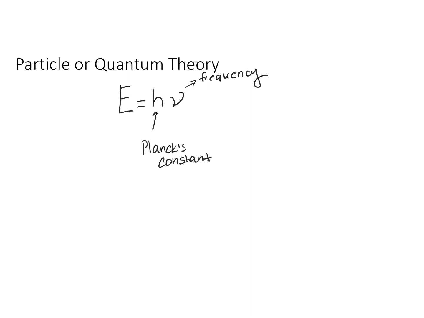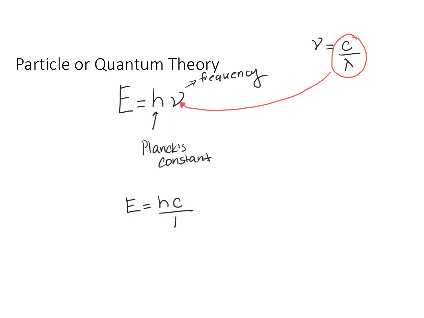And so frequency equals the speed of light over the wavelength. We can take the speed of light divided by the wavelength and shove it in for frequency here. So then we can also say that energy equals Planck's constant times the speed of light over the wavelength. And we can calculate the energy of different colors of light. And we are going to do that in the next screencast.